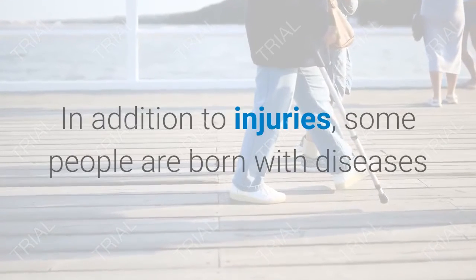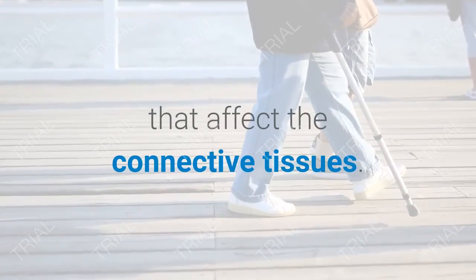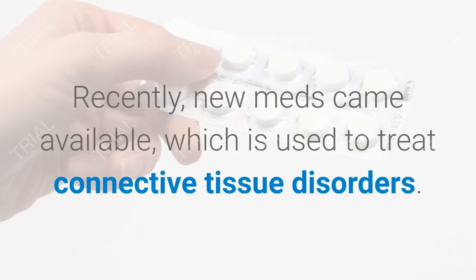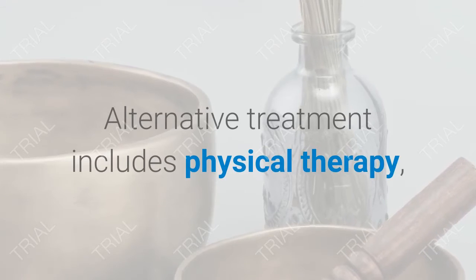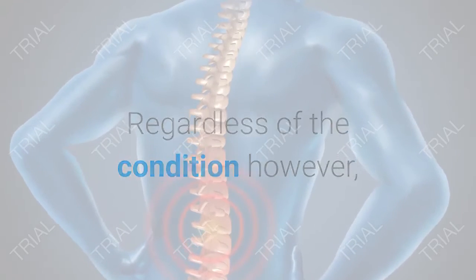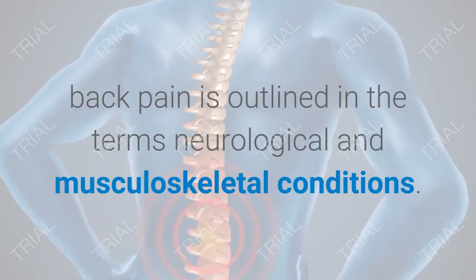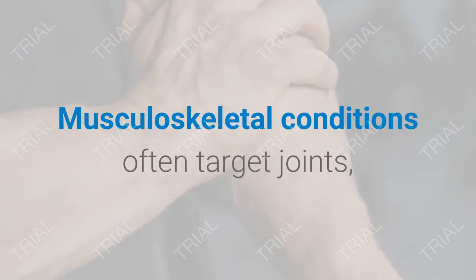In addition to injuries, some people are born with diseases that affect the connective tissues. Recently, new meds became available, which are used to treat connective tissue disorders. Alternative treatment includes physical therapy, which is what doctors relied on to treat such problems until new remedies became available. Regardless of the condition, however, back pain is outlined in the terms neurological and musculoskeletal conditions.